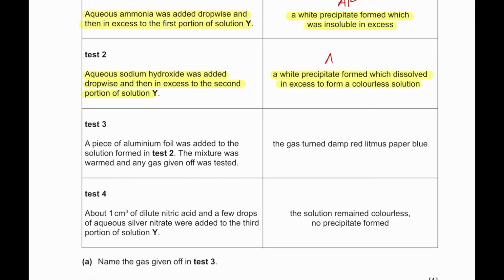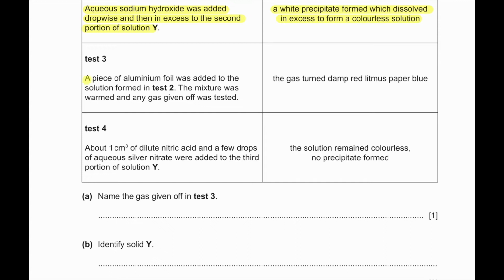So we know that on addition of sodium hydroxide, aluminium ion and calcium ion form a white precipitate. Now, when excess sodium hydroxide is added, calcium doesn't dissolve. So this will be eliminated. So aluminium is the answer.